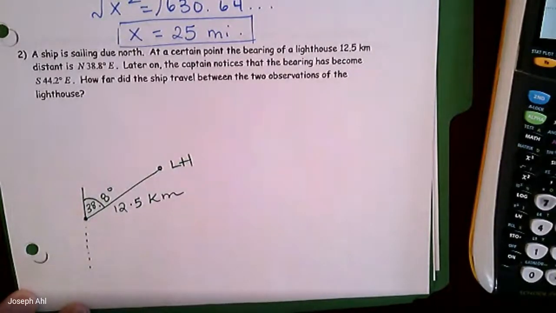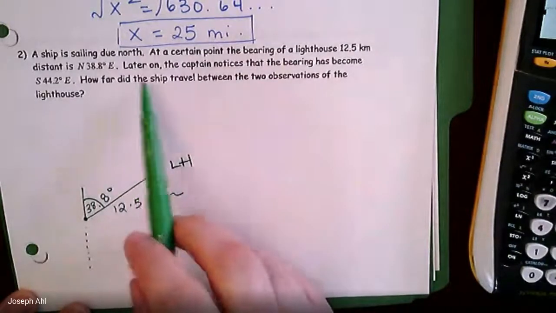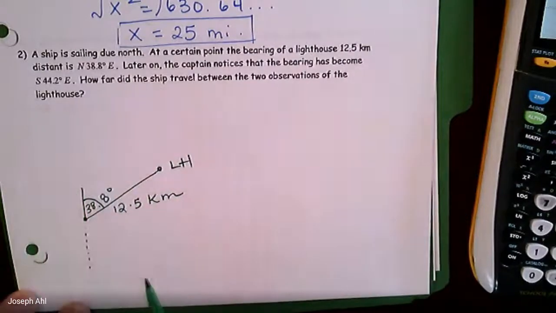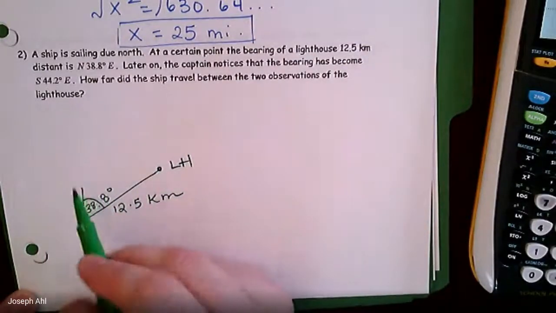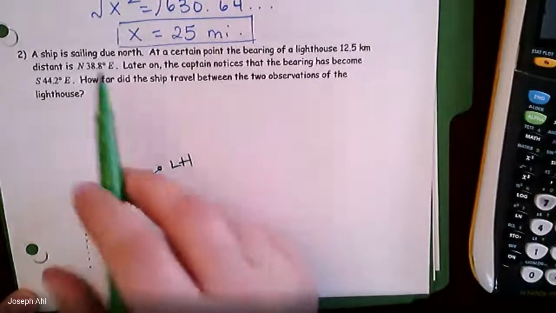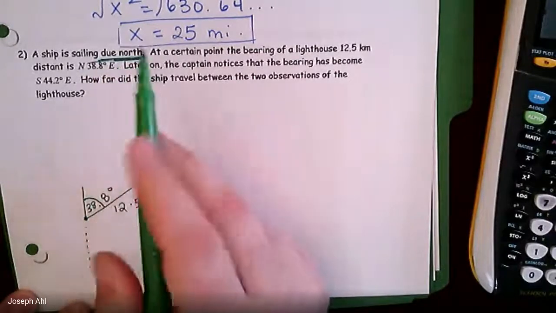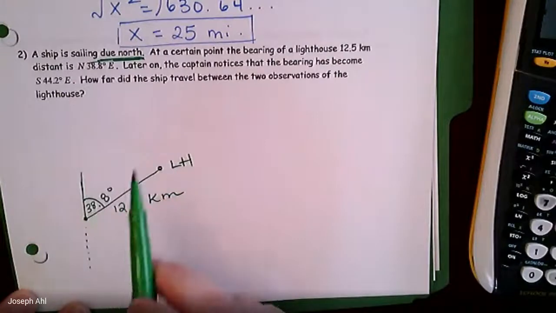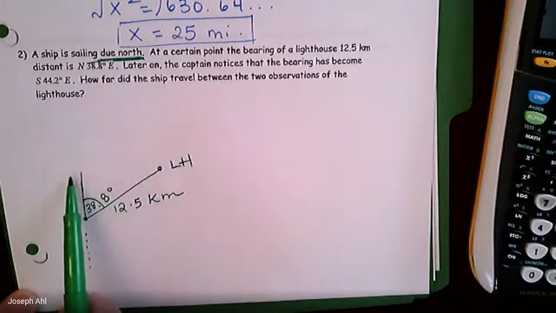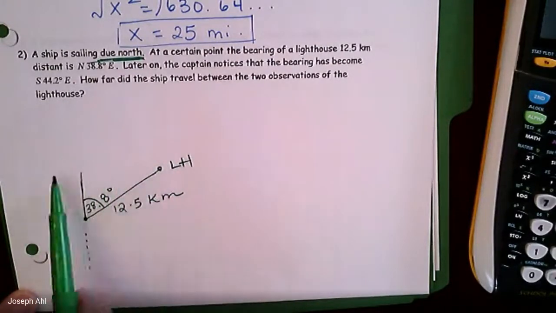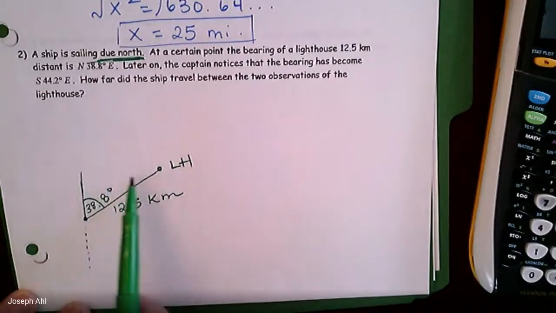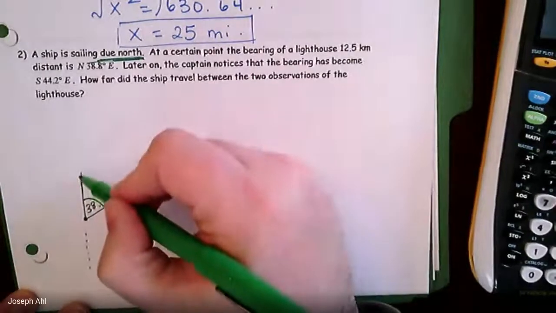What happens? Well, later on, the captain notices that the bearing has become south 44.2 degrees east. So I'm hoping that you realize that we're going to sail due north still. We're still heading north. But in order to stop and have my bearing be south 44.2 degrees east, I'm going to have to pass this horizontal, this east-west line, such that when I go past that horizontal, now it's going to be a bearing that's due south, right?